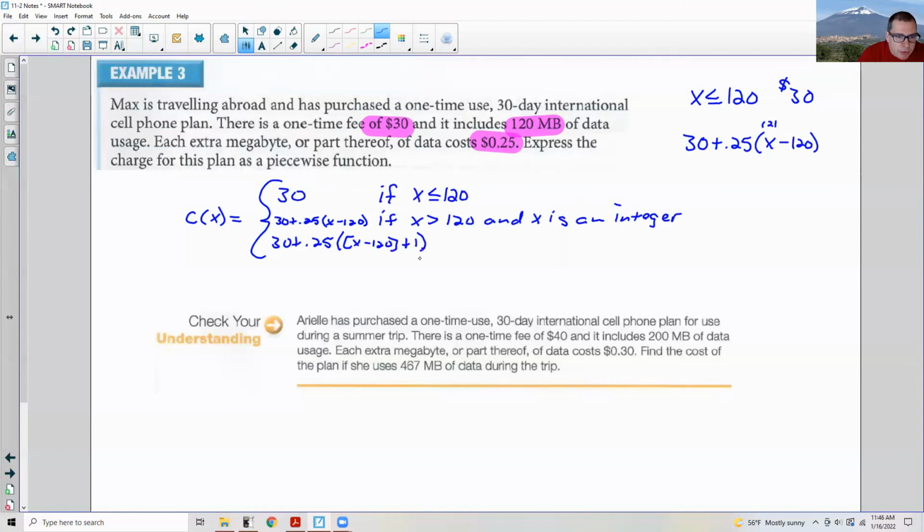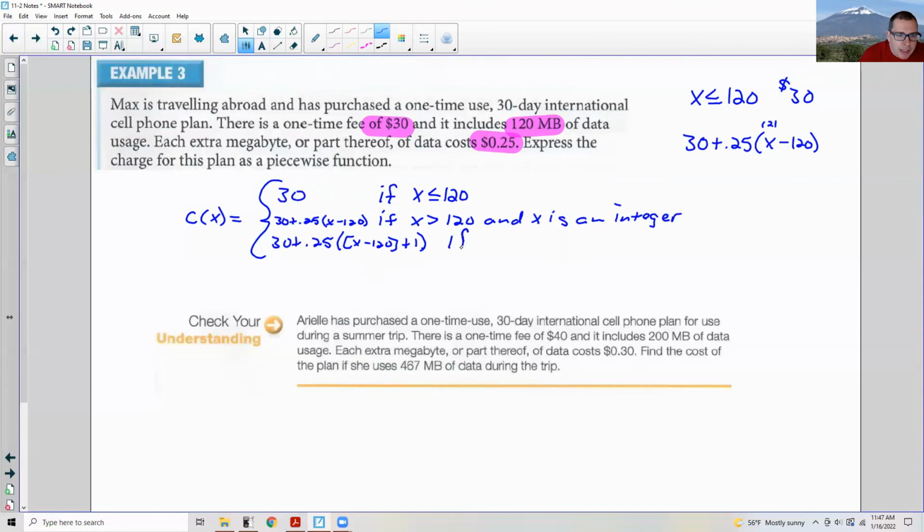So 1 megabyte is 25 cents. If we do a full megabyte, it'd be this 1 plus, and these are partial, these are parts of a megabyte. But once we go over 1, we could continue with this X being 120 megs, but we wouldn't usually say 1,000 some megabytes, because that's why we're putting this 1 after.